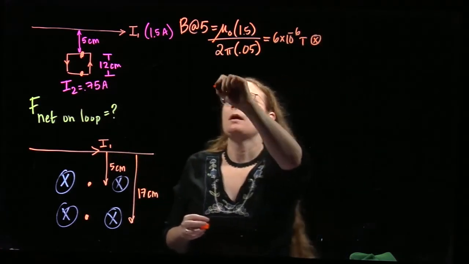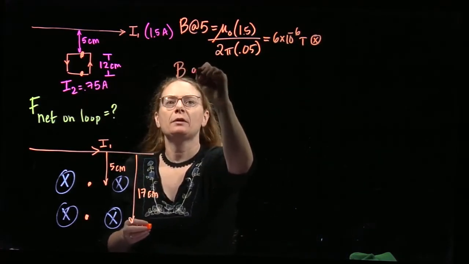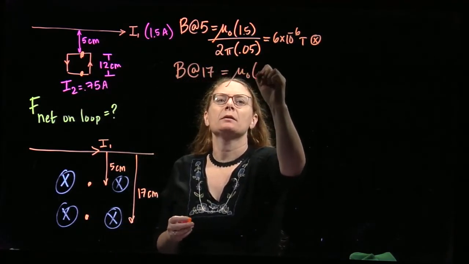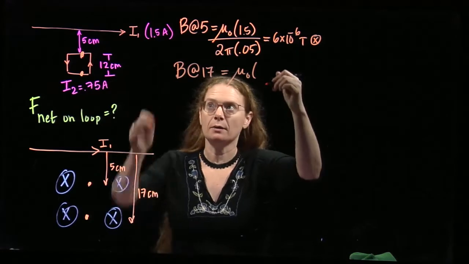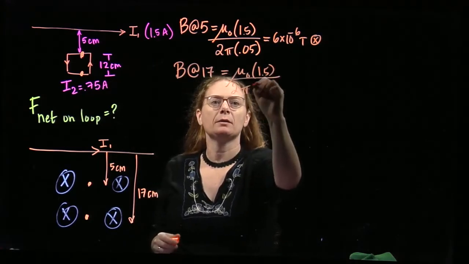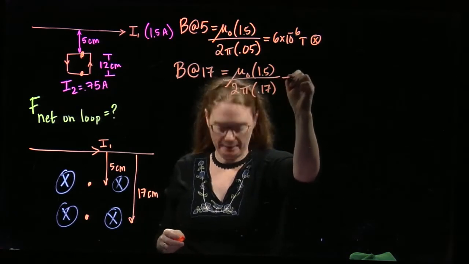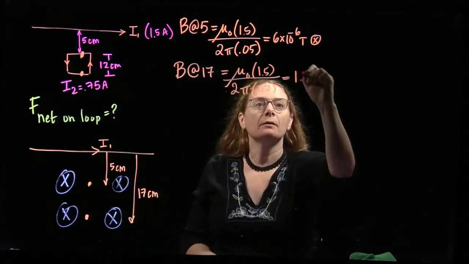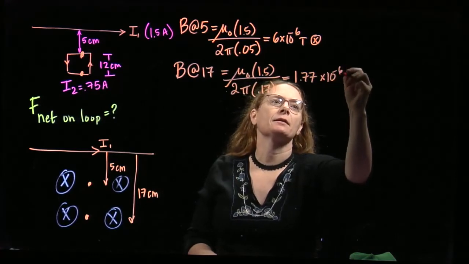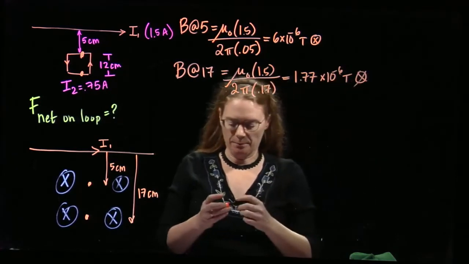Great. And let's do the magnetic field at 17. That will be mu naught times, again, the current causing the magnetic field, 1.5, over 2 pi times the distance away, 0.17. Here, not as pretty a number, 1.77 times 10 to the minus 6 Tesla. Again, into the page.